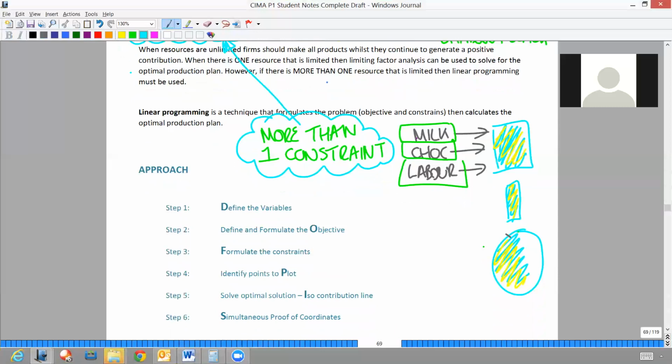Therefore, it's highly unlikely that you would have to complete all 6 steps in your objective test. It's not going to happen because it's worth far more than 2 marks. If you were to complete a full linear programming question by completing all of these 6 steps, you're probably looking at around 14 marks. Okay, therefore, you won't be given that to do.